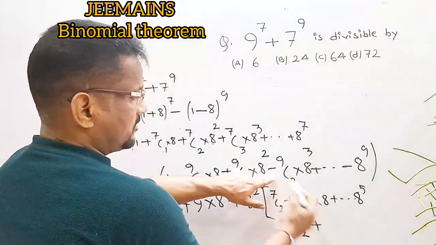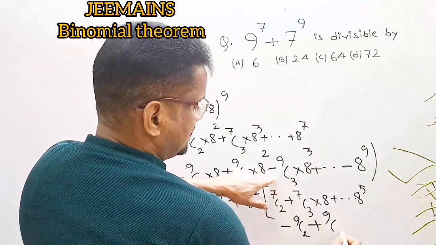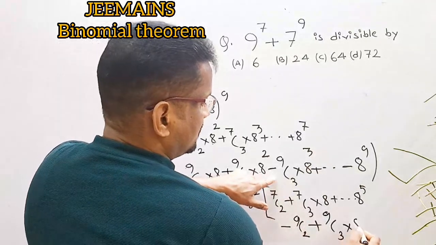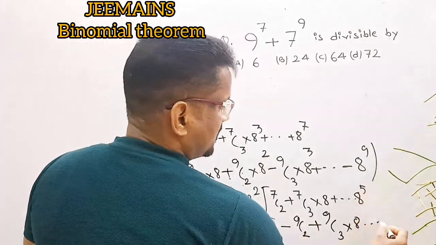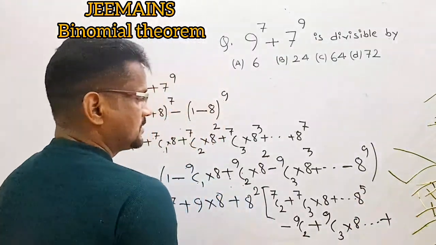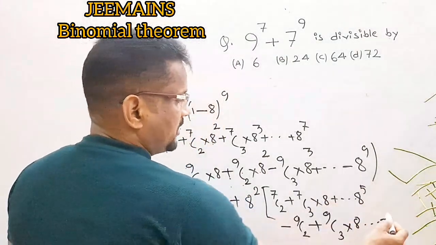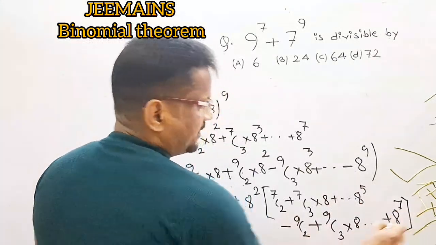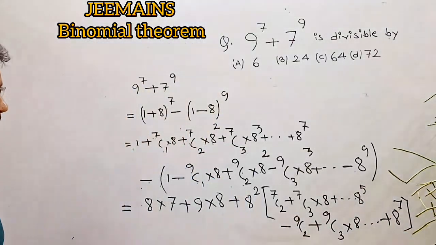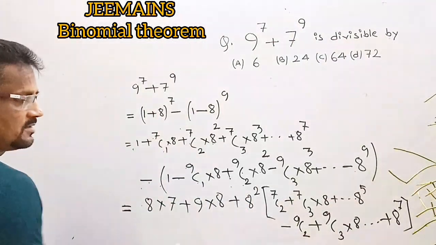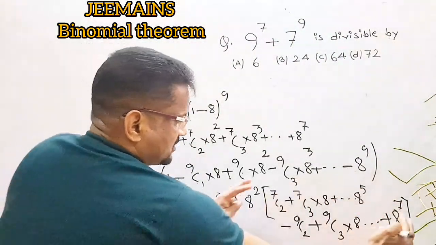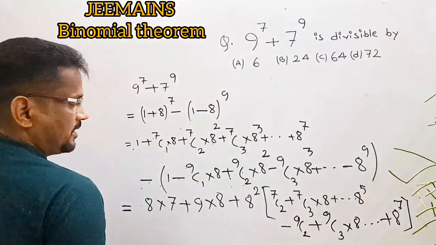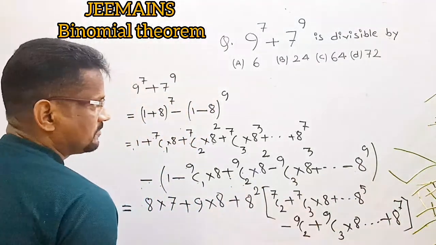Plus, 8 square common, only 9C3 into 8, and so on. Here plus, 8 square common, 8 to the power 7 will be left. I mean to say, whatever comes, some integer will come. Inside this bracket this part is an integer. That is 64 into some integer.